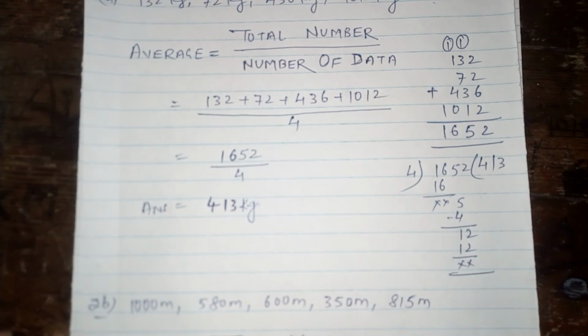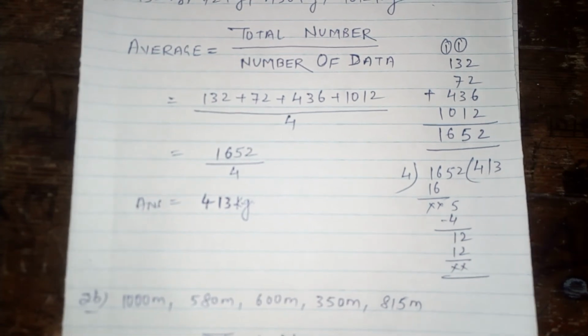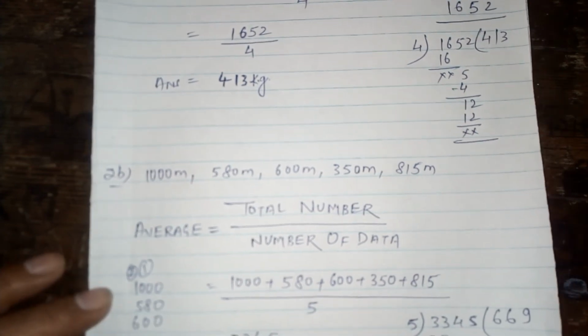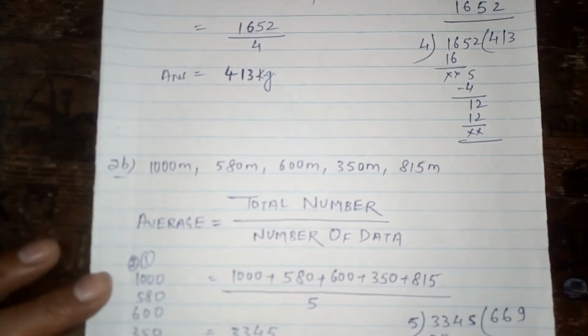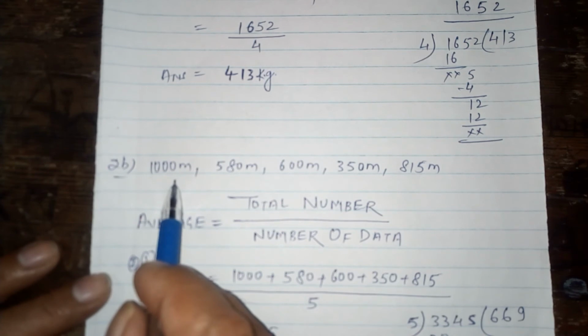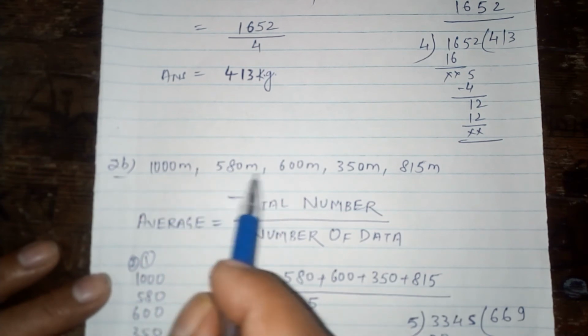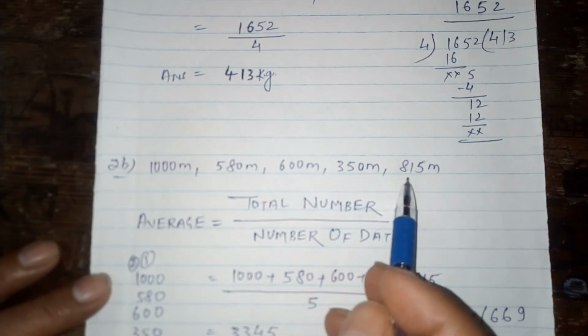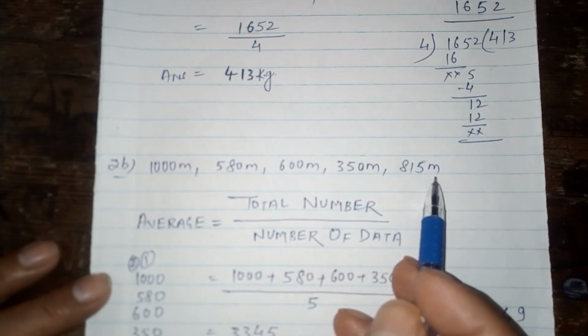Okay, I have one more question. How will you find the average of 1000 meter, 580 meter, 600 meter, 350 meter and 815 meter?